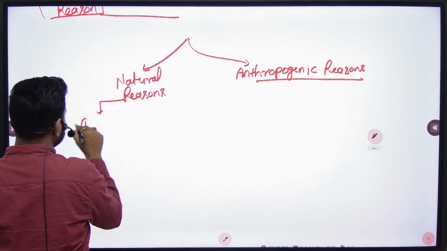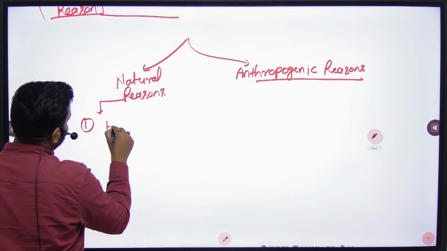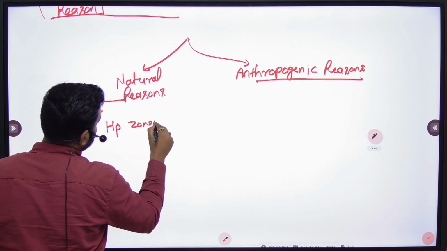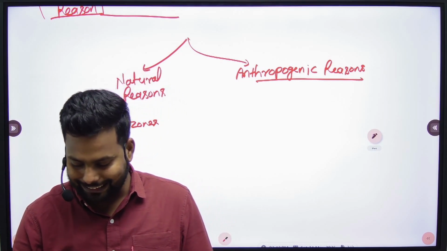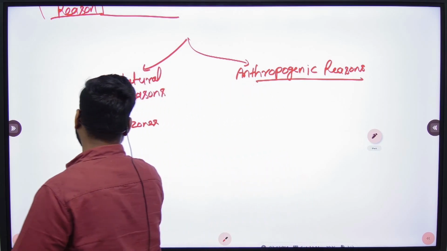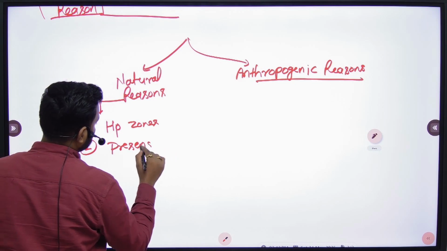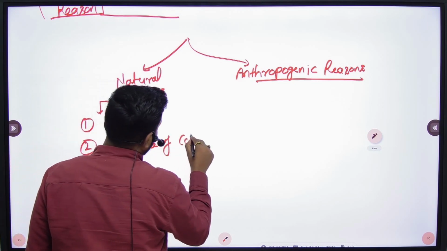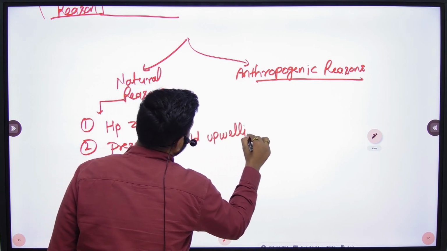The first reason for the formation of hot deserts lies in the high pressure regions. Most of the hot deserts lie in the high pressure zone. The second reason is the presence of a cold upwelling zone.